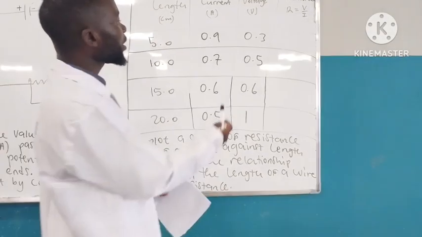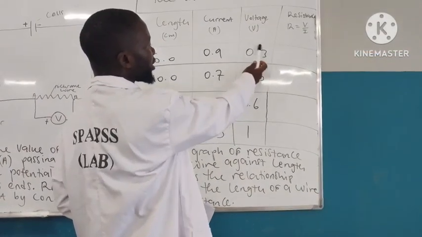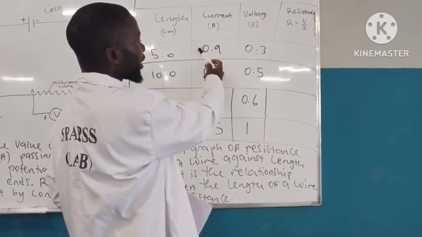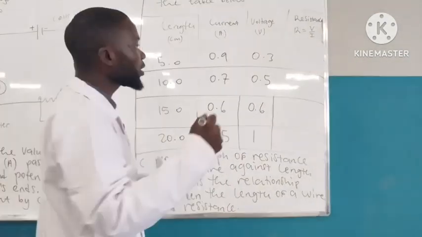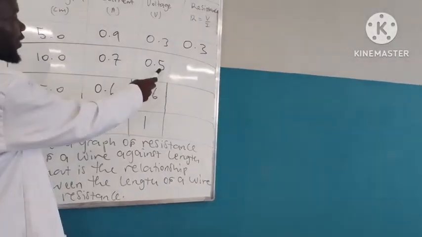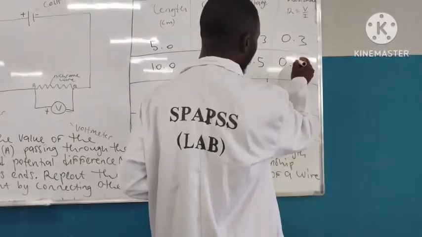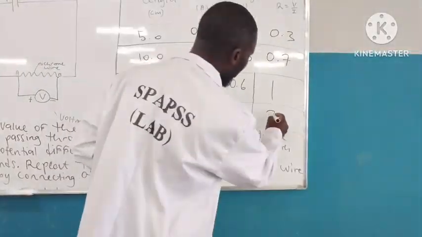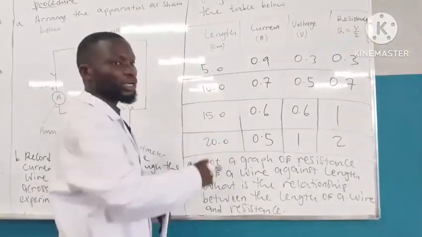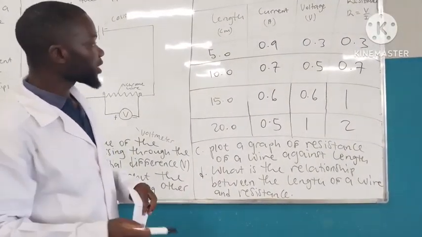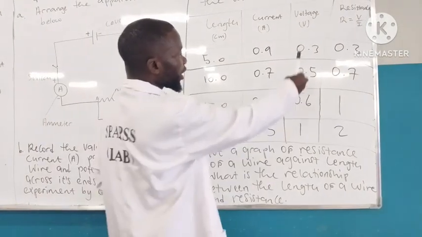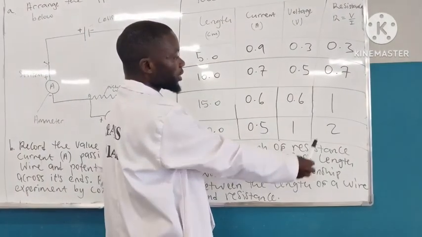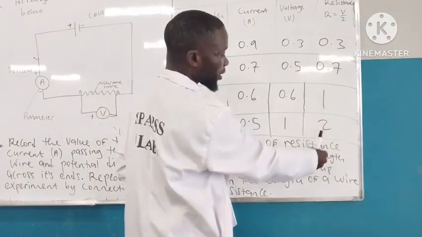So we'll be taking this value of voltage and dividing with the value of what? And resistance is also what? Increasing.